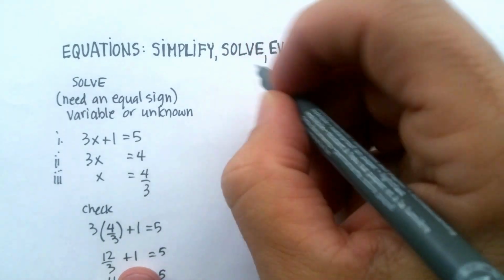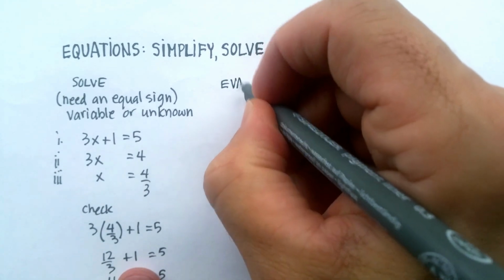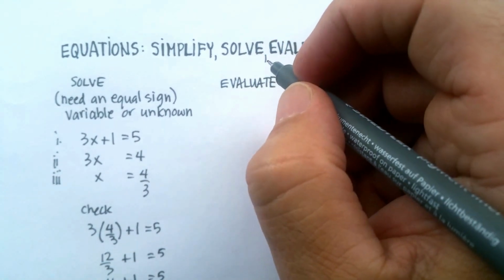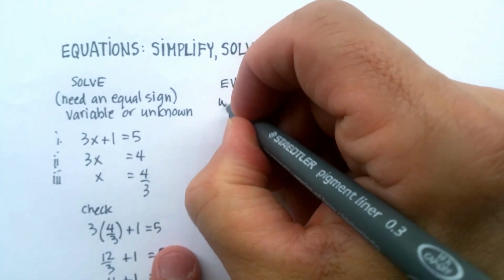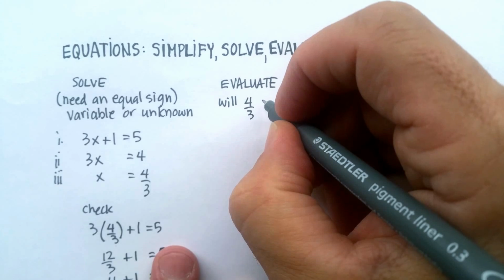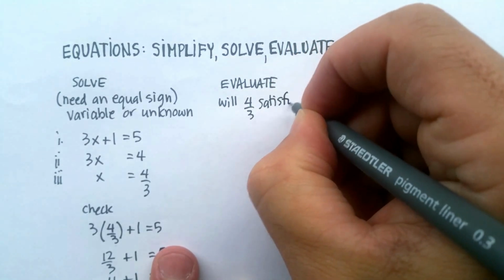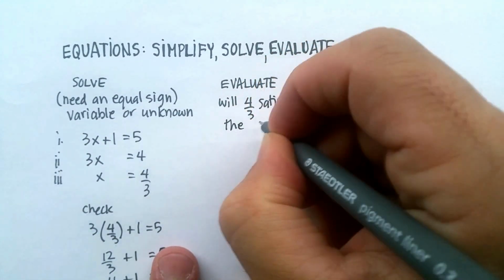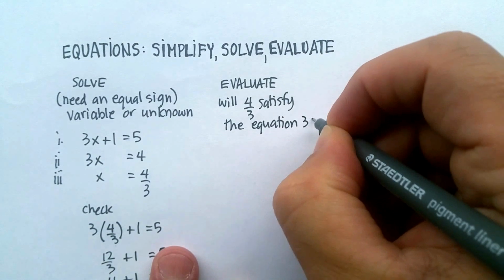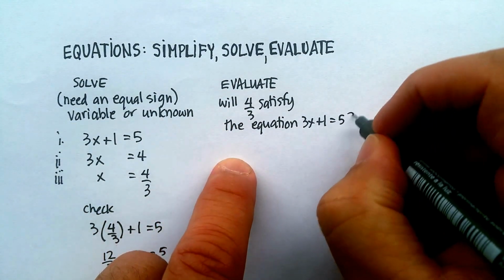So if I wanted to evaluate, let's use that as my second word. The question will be something like this: will 4 over 3 satisfy the equation 3x plus 1 is equal to 5, okay?